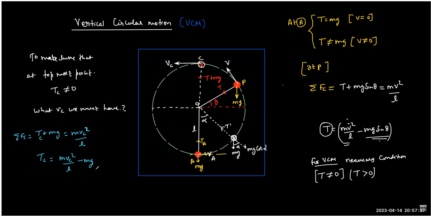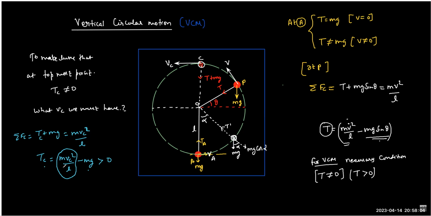What we want is that this T must be positive, which means we must have velocity at C which can provide enough centripetal force exceeding the gravity. Then only we can have tension. Is this clear?